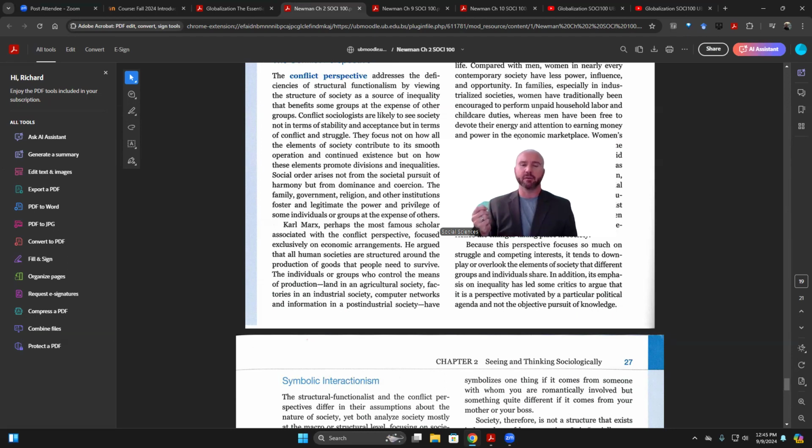So let's think about one thing real quick from David Newman before we get back into George Ritzer. And that's if David Newman is going to say that Karl Marx focused exclusively on economic arrangements.